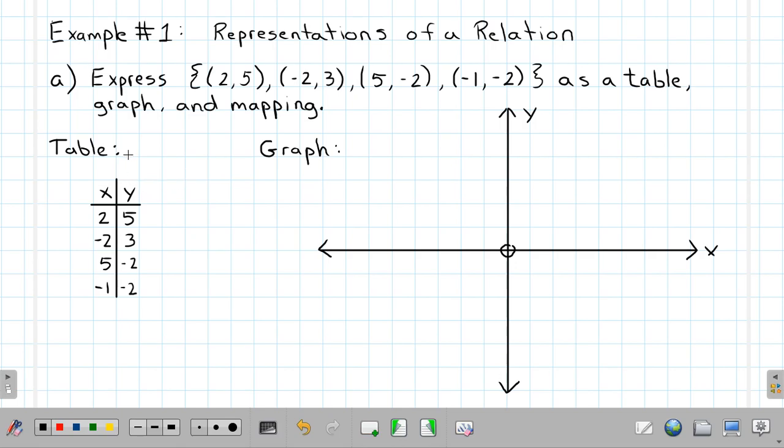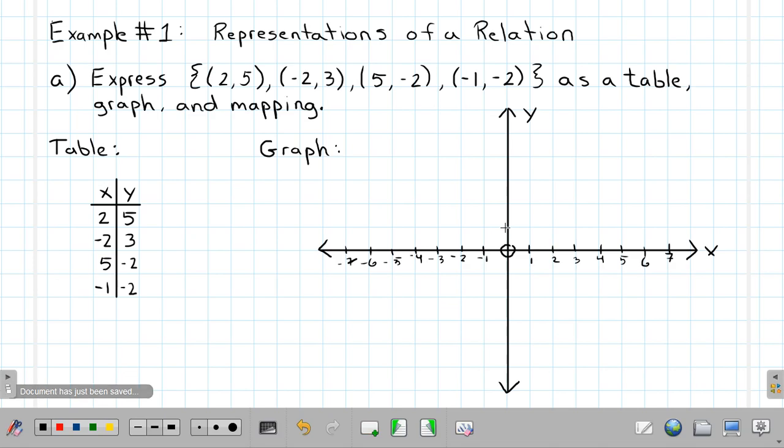Okay, table, check. Graph. Once again, we go through here. Let's label this real quick: 1, 2, 3, 4, 5, 6, 7, and -1, -2, -3, -4, -5, -6, -7.